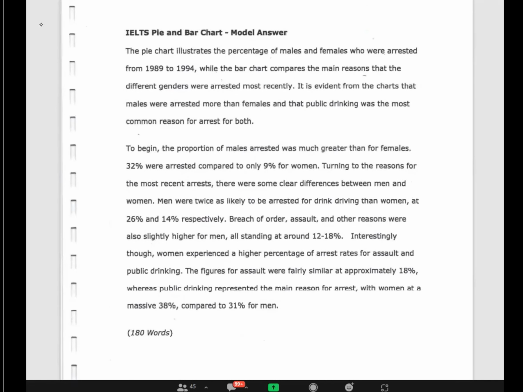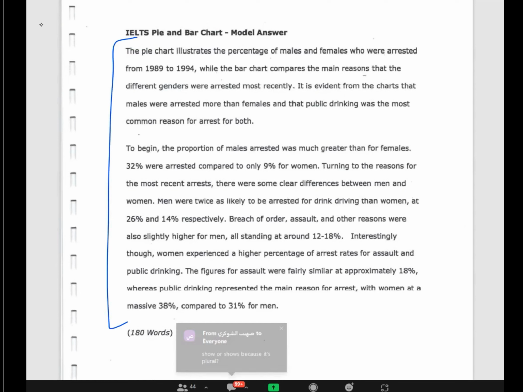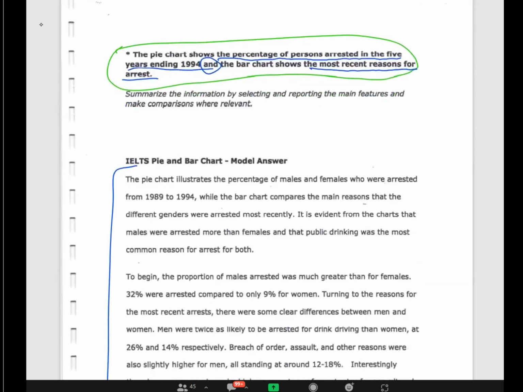Now read the model answer here. See how it is organized. Underline the keywords. In the question they refer to it as one pie chart, but it is two. It is fine if they say the pie chart shows or the pie charts show.